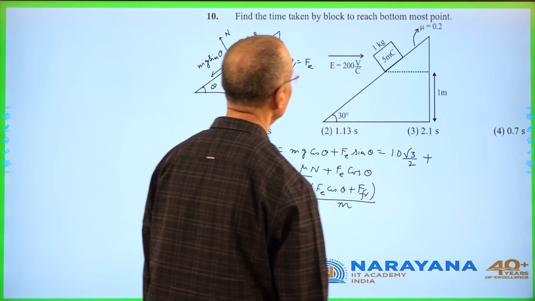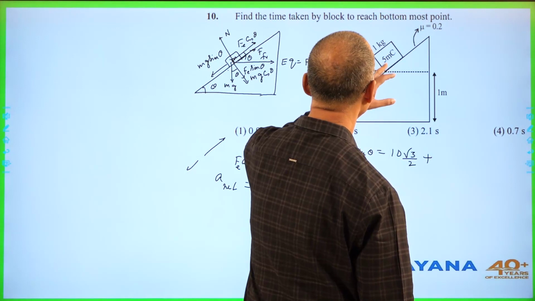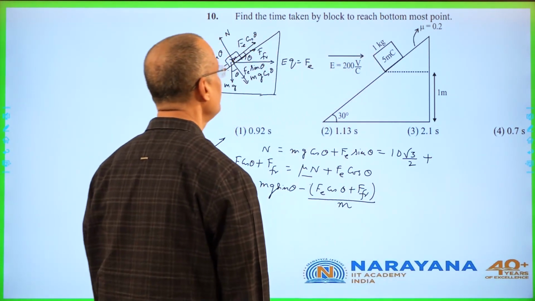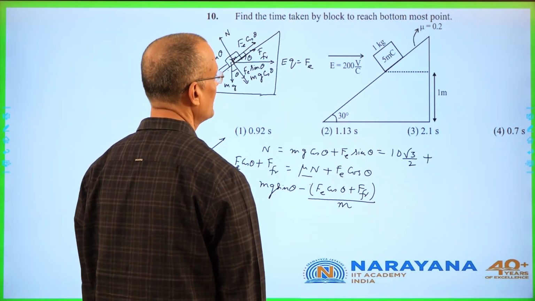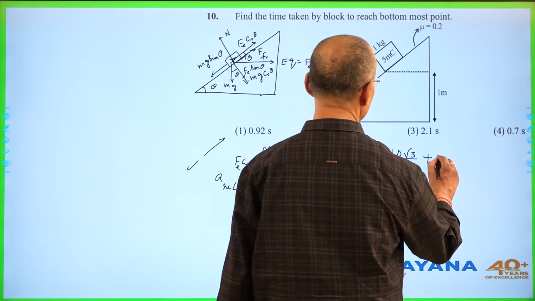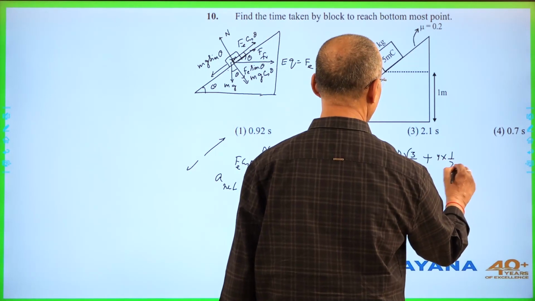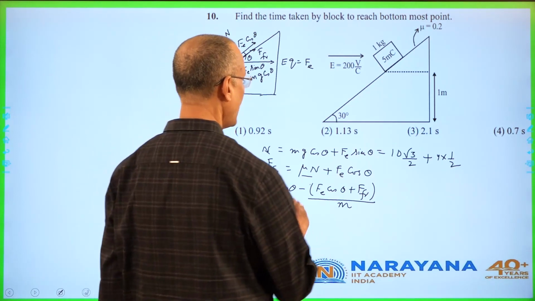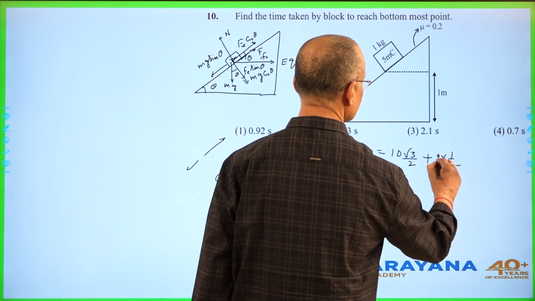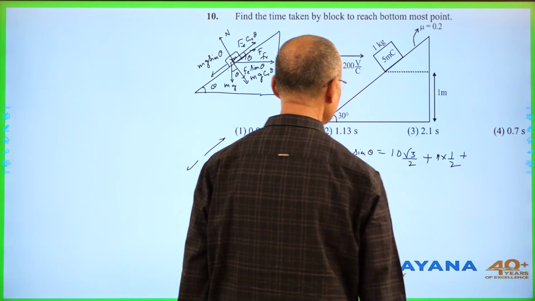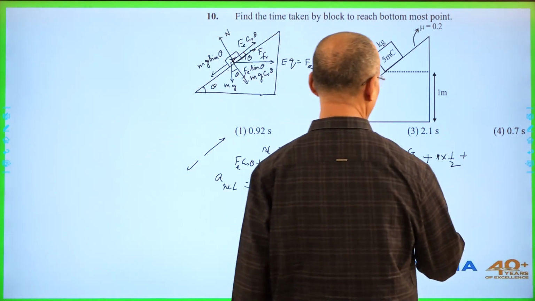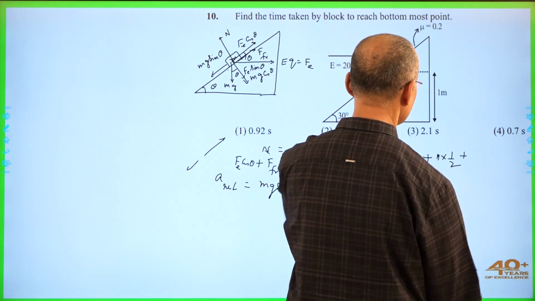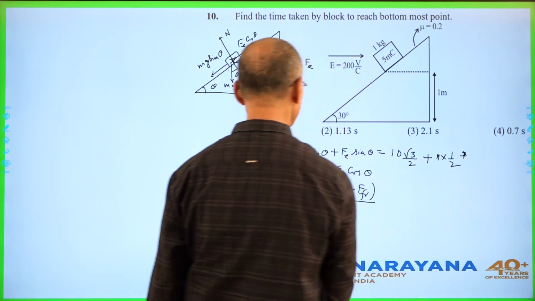Fe is EQ, which means 200 into 5 into 10 to the power minus 3, so that is 1. Sin 30 is half. So, this is your N: mg cos theta plus Fe sin theta.